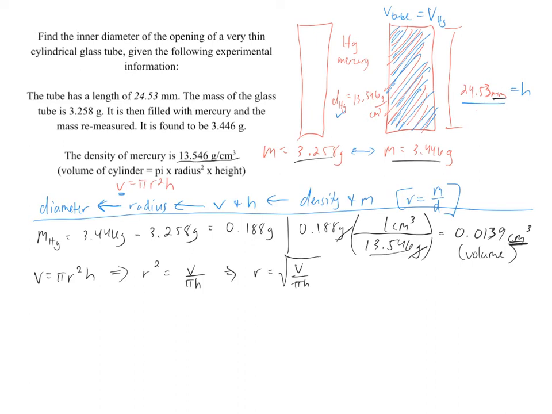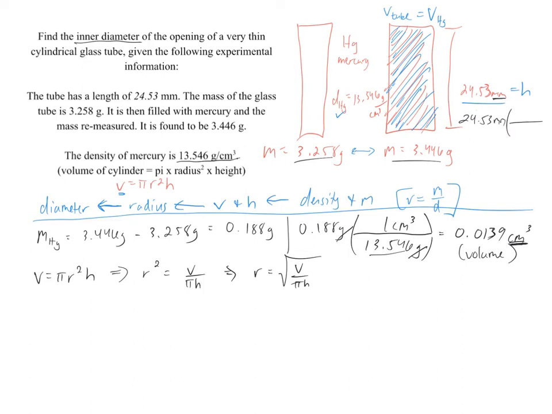So what I'm going to suggest is that we put millimeters into centimeters. You could put centimeters into millimeters, it wouldn't matter. Honestly, whatever you want to do. They don't specify what units the inner diameter has to be in, so you can do whatever units you want. But I'm going to go centimeters, okay? So I'm going to convert this up here, 24.53 millimeters.